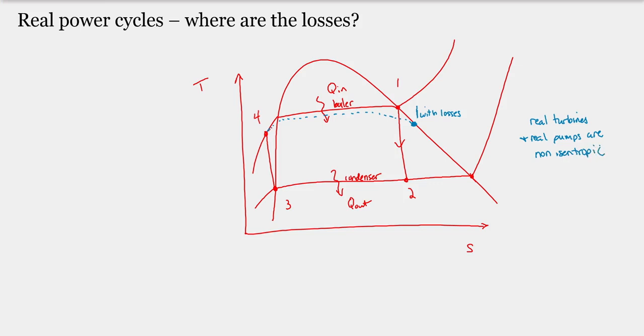And in fact, the second law states we have to increase entropy generation with each of those steps, which tells us that the actual exit state is here. So we'll call this 2 actual for the turbine, and this would be 2 isentropic.